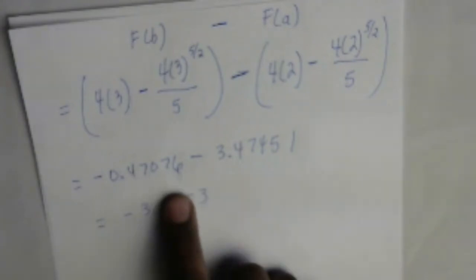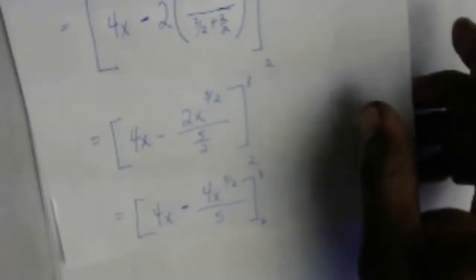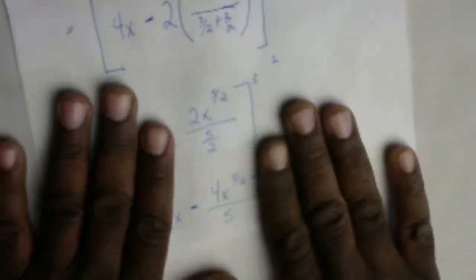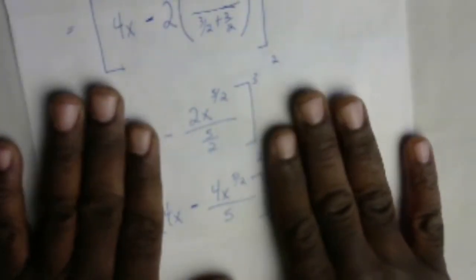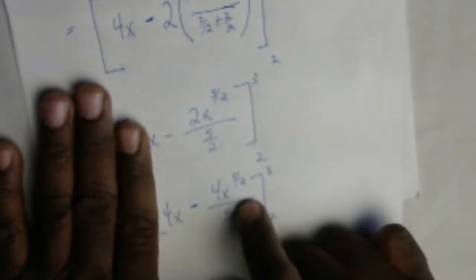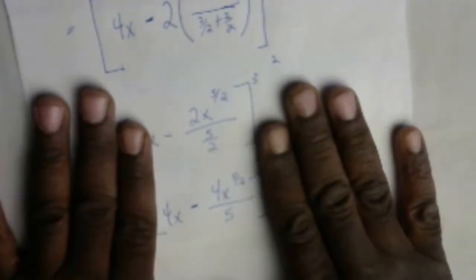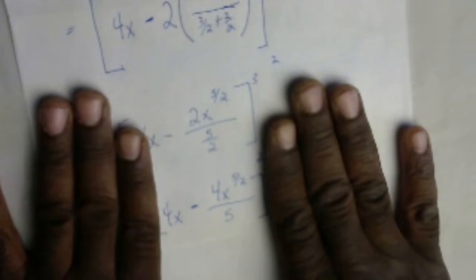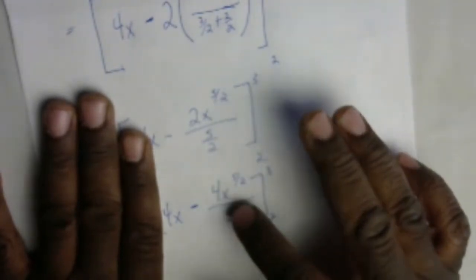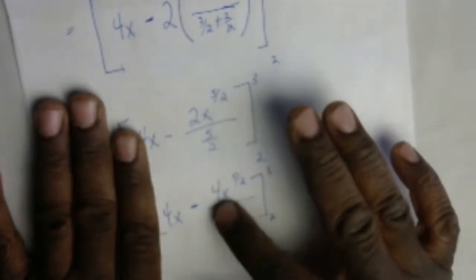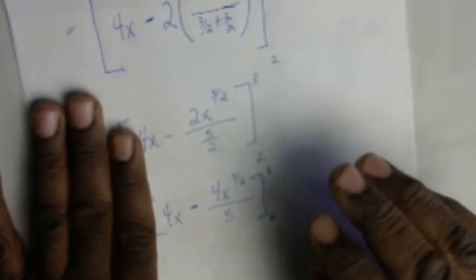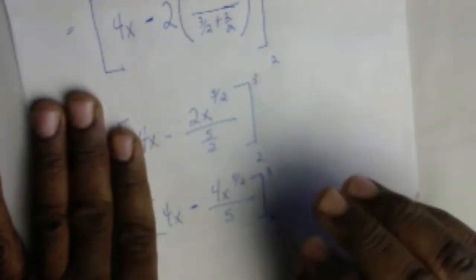Okay, now for some of these calculations, we can use the calculator to kind of get this result. However, in other problems, sometimes we're just asked to integrate. All right, so if I were just asked to integrate, this would be my integrated answer, or my integrated function, 4x minus 4x raised to the 5/2 power divided by 5.